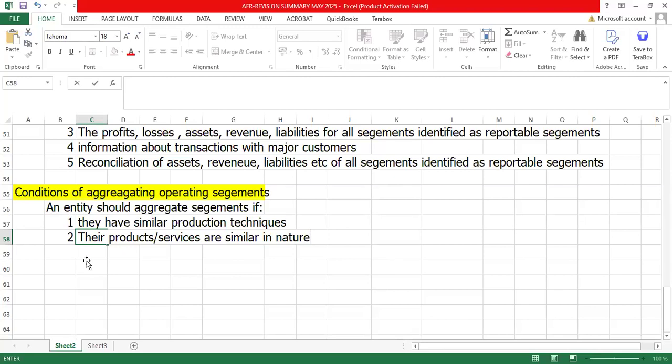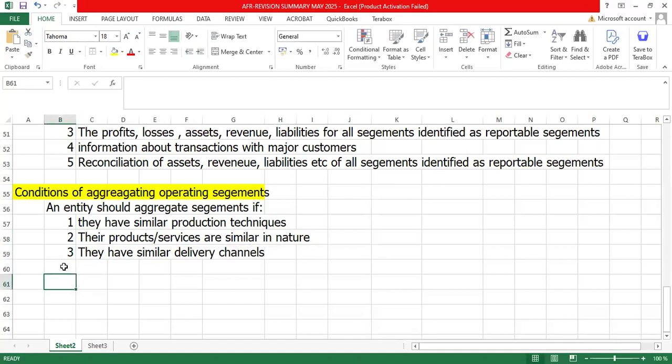Talk about soft drinks. Here you can also say they have similar delivery channels. If they have similar delivery channels, then you can aggregate.